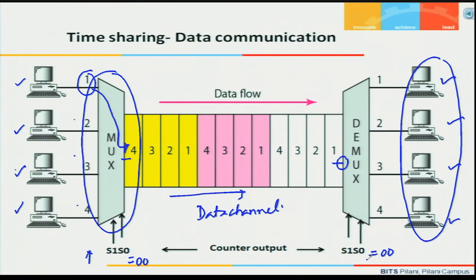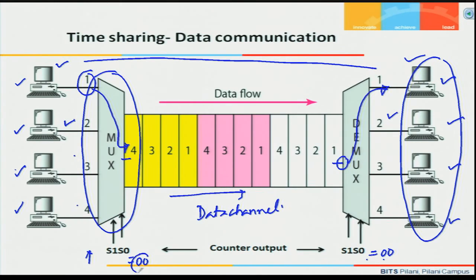Because its selection is 0, 0, the same I1 is transferred to system 1 here. So essentially we are transferring information from system 1 here through this network to system 1 here. Same thing I can do for transferring inputs of system 2 to system 2 by changing the selection line, system 3 to 3 here, 4 to 4 here.